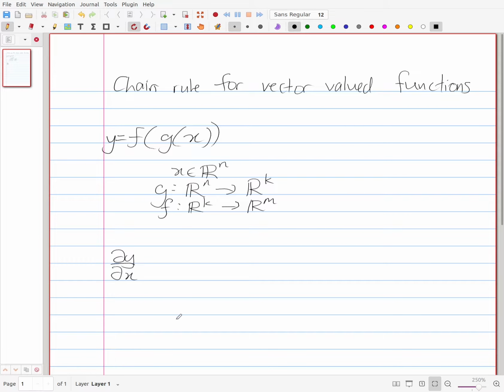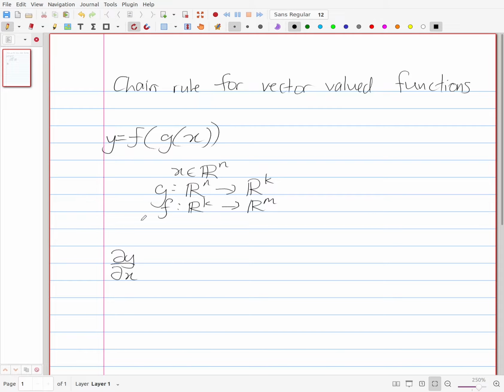What I mean here is the generalization of the derivative to vector valued functions, and that's this Jacobian matrix. I'll talk about the Jacobian matrix a bit more in a bit, but basically it's a matrix consisting of the partial derivatives of each of the component functions in y.